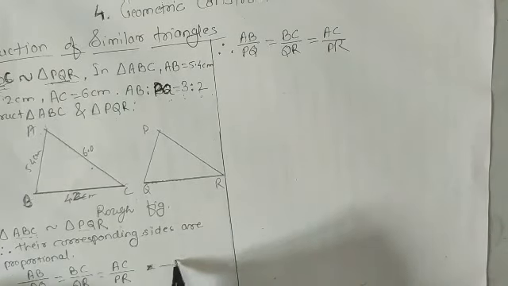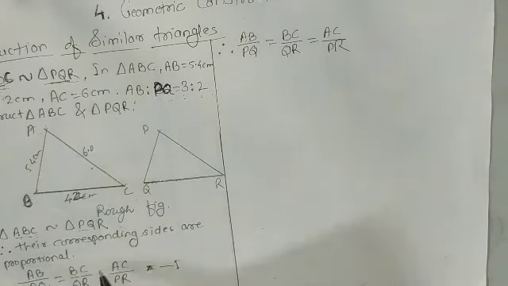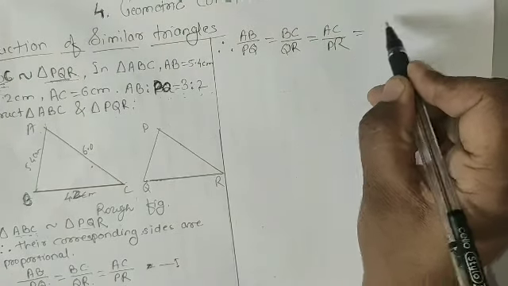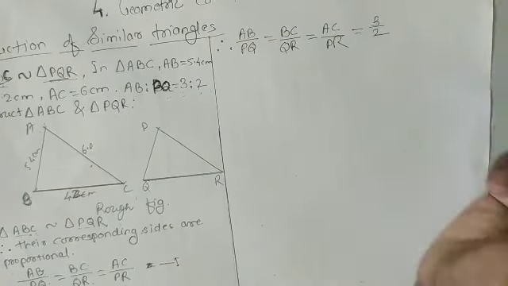Suppose this is our first statement and that is our second statement. From this we understand AB upon PQ is equal to BC upon QR is equal to AC upon PR. But AB upon PQ has the ratio 3 by 2. Therefore AB upon PQ is equal to BC upon QR is equal to AC upon PR is equal to 3 upon 2.